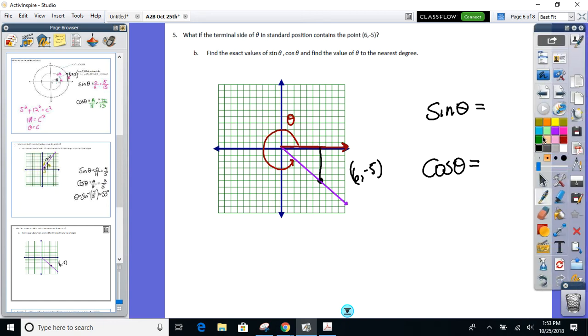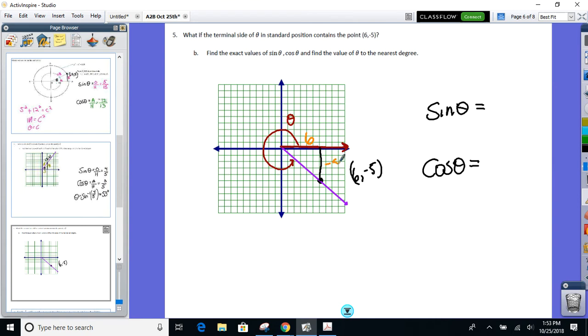Can you guys set up 2 sides now? Okay, what's the top side? 6, and going down, you can put -5. We're going to have to find the hypotenuse. So 6 squared plus, make sure you put the -5 in parentheses, equals c squared.